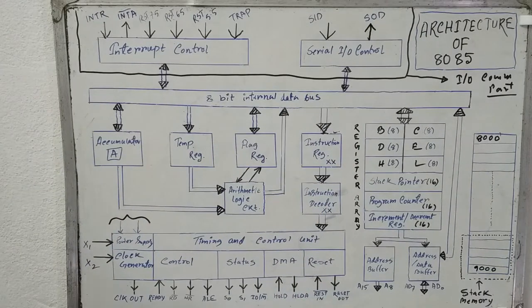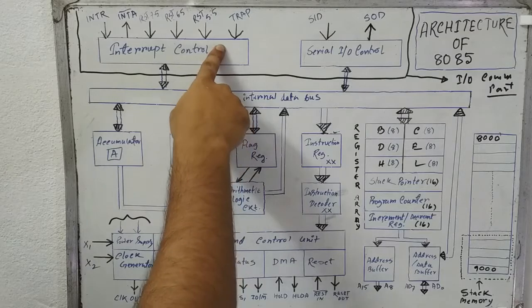Now my question is, if the microprocessor wants to communicate with its external input output device or peripheral device, how does it set up a communication with those external devices through this interrupt control block?